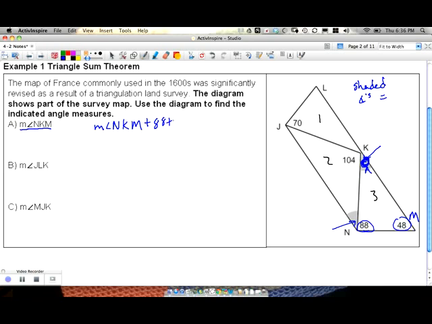Then I can work backwards from that. 88 plus 48 is 136. Then for this angle, the measure of angle NKM, I subtract 136 to solve for that measure. That gives me that the measure of angle NKM equals 44. So this angle right here is 44 degrees. I'm going to mark it in there just so I'm sure.